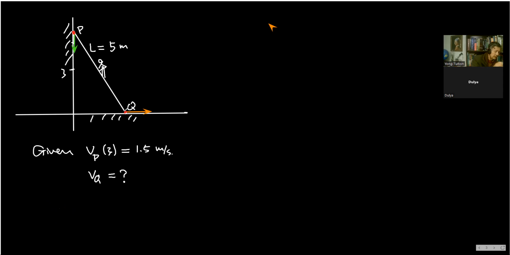So how can we work out this horizontal velocity? How can we write the equation first?